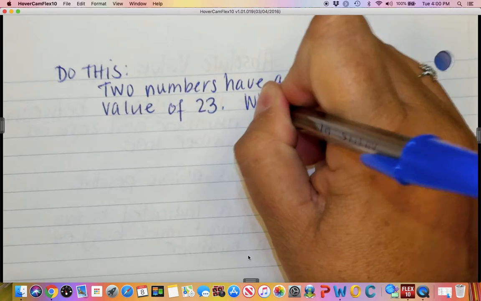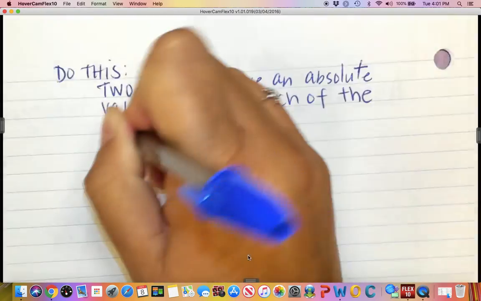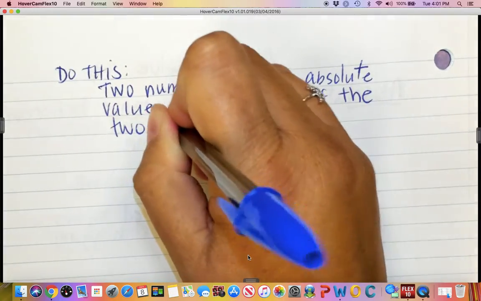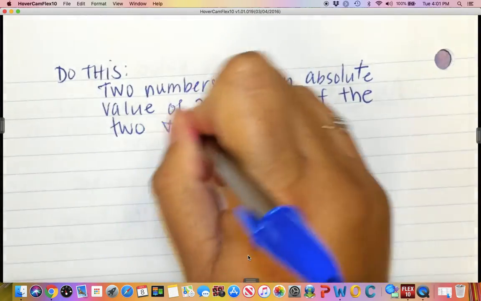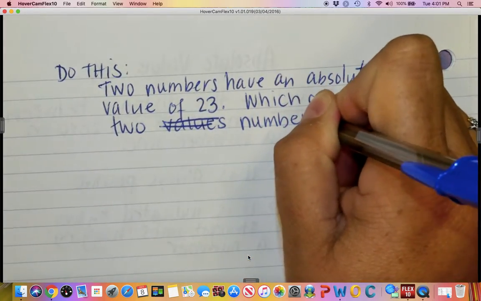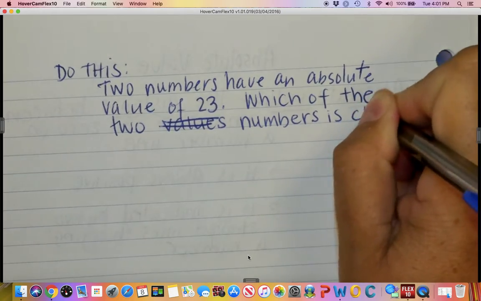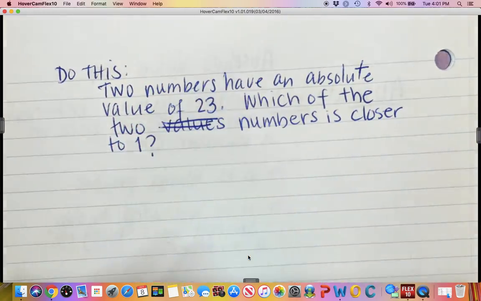However, which of the two values or two numbers is closer to 1?